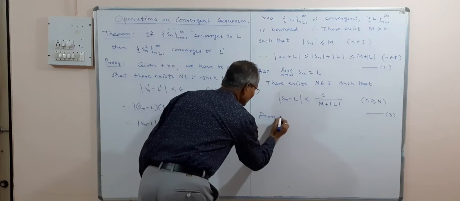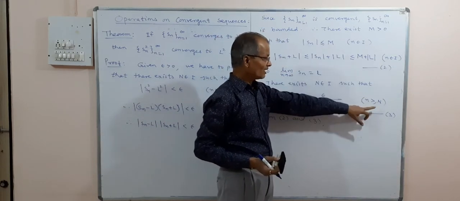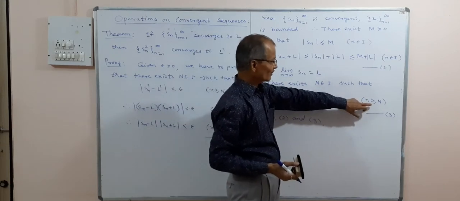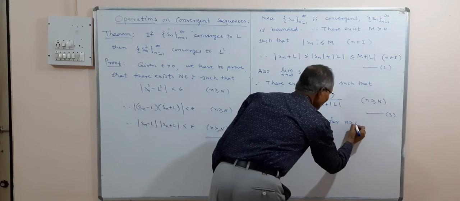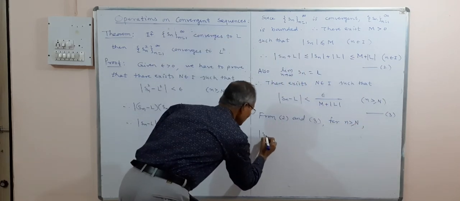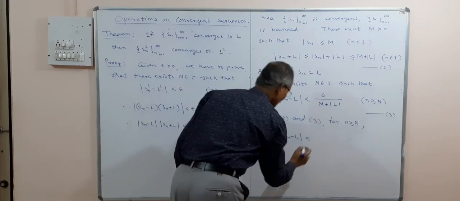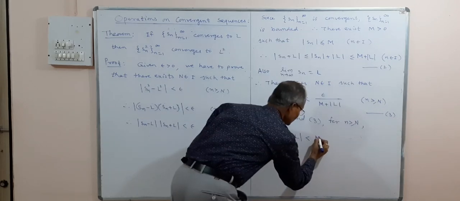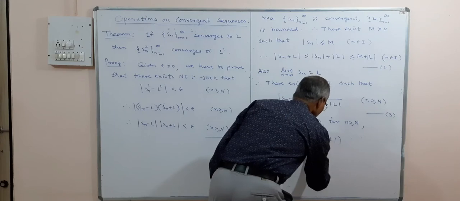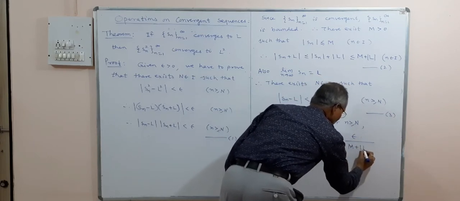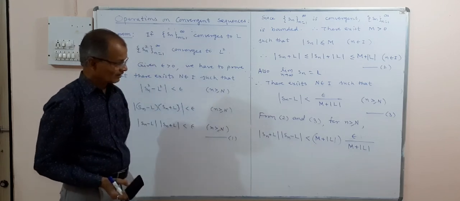So this will be true for n greater than or equal to N. So if you consider n greater than or equal to N, n is in I. So from 2 and 3, what we have is mod of Sn plus L into mod of Sn minus L is strictly less than m plus mod L, first term, and second absolute value is less than epsilon divided by m plus mod L. And now you see here these two terms divide out and the right side remains as epsilon.